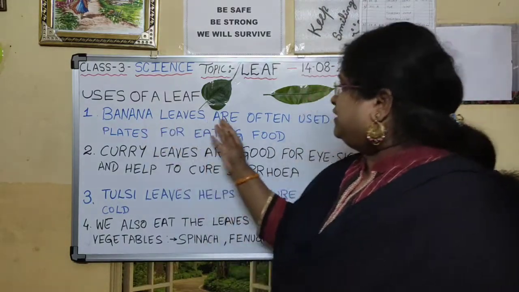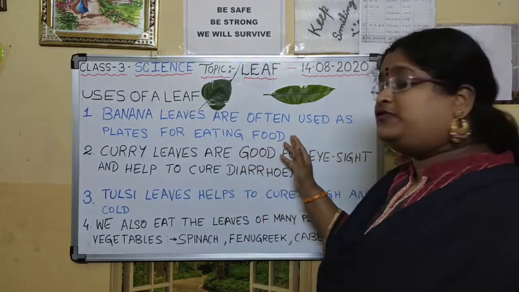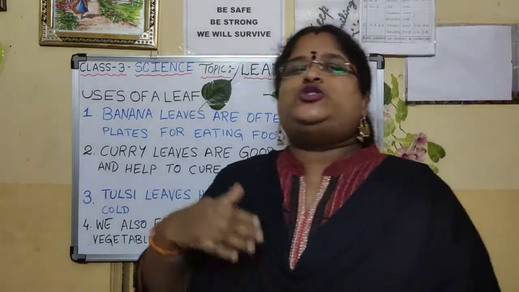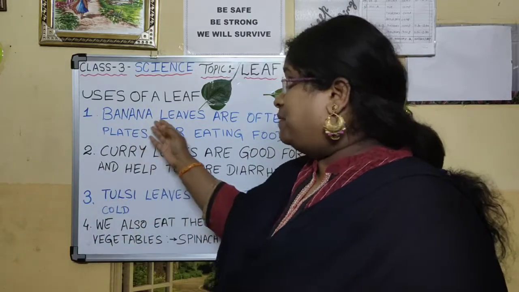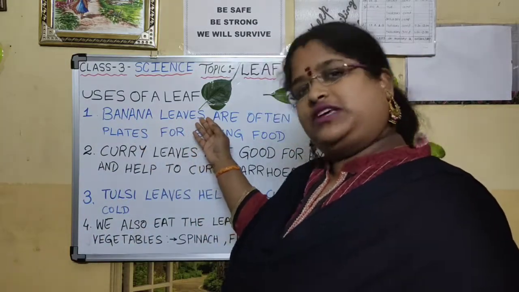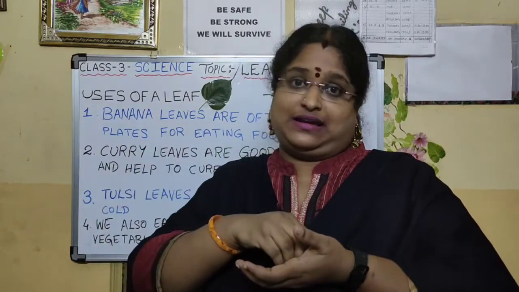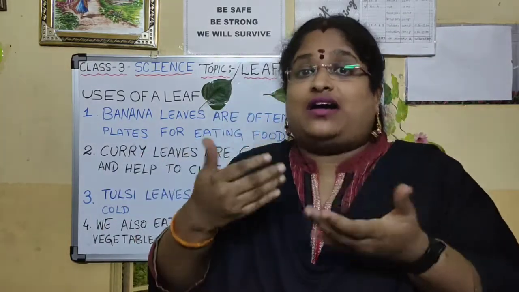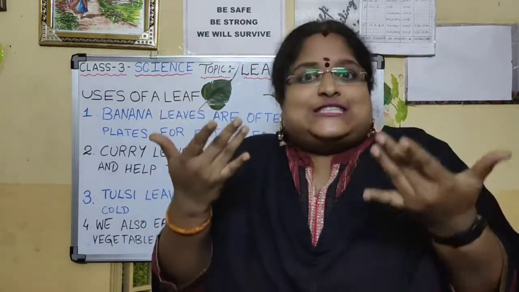Also, banana leaf is often used as the plate for eating food. Children, instead of using plastic plates, paper plates, you can use banana leaf to serve the food. Once you try, children, if you serve the food in banana leaf, it adds good aroma. Aroma means nice fragrance, nice smell.